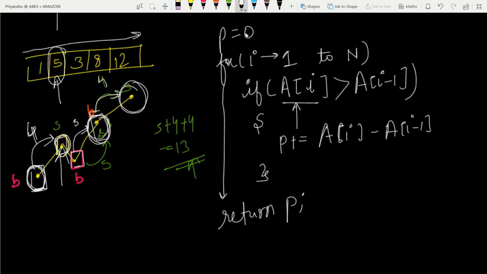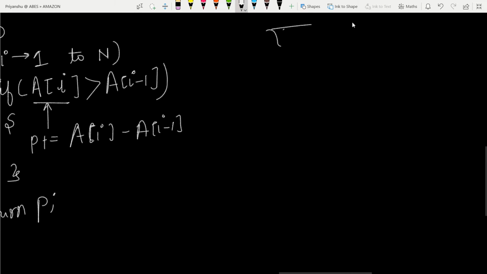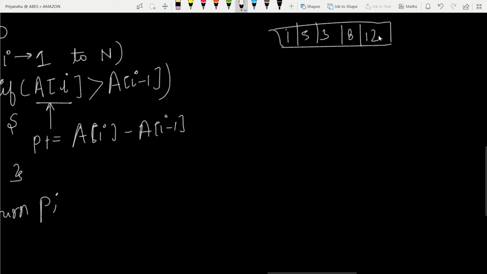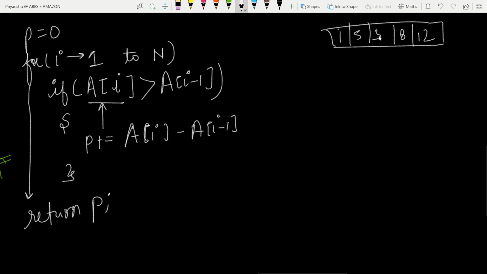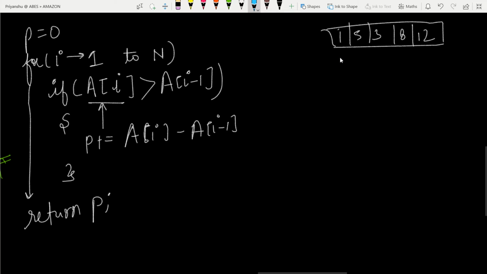So let us see this thing. We have 1, 5, 3, 8 and 12. It would be crystal clear if you see this. We are currently at this index.